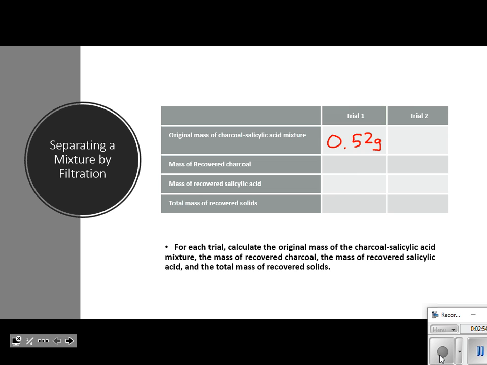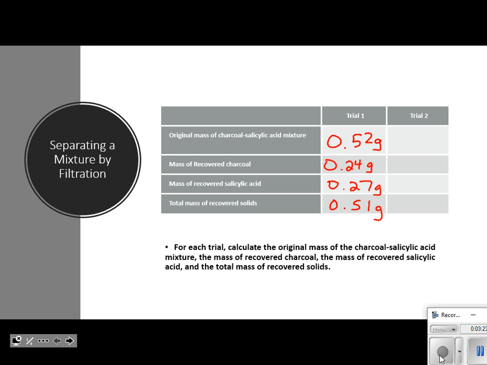The mass of the charcoal that I recovered was 0.24 grams. The mass of the salicylic acid was 0.27 grams. So when I add those two values together, the total that I recovered was 0.51 grams.